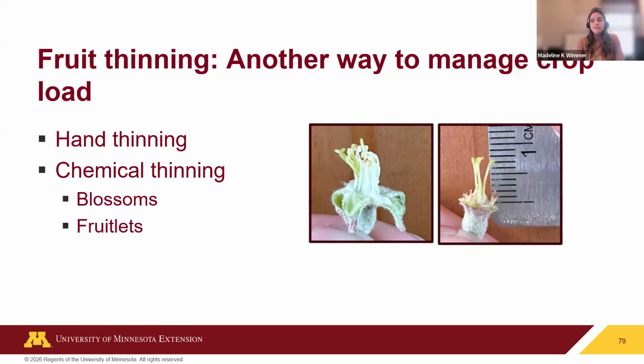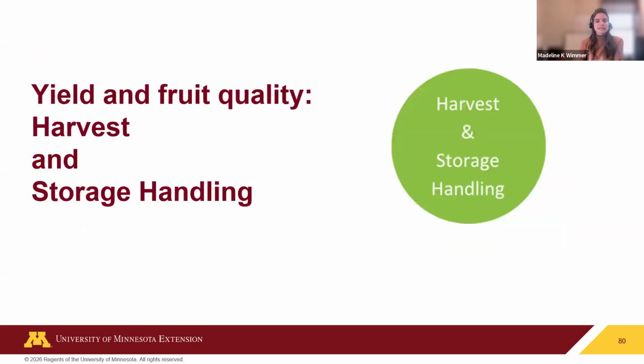There are some varieties like Honeycrisp that go into what's called biennial bearing. So if you don't thin them, you might start to see cropping every other year rather than every single year having a consistent crop. So we'll finish today's talk. Got just a few minutes left here. Talking about yield and fruit quality influence points.